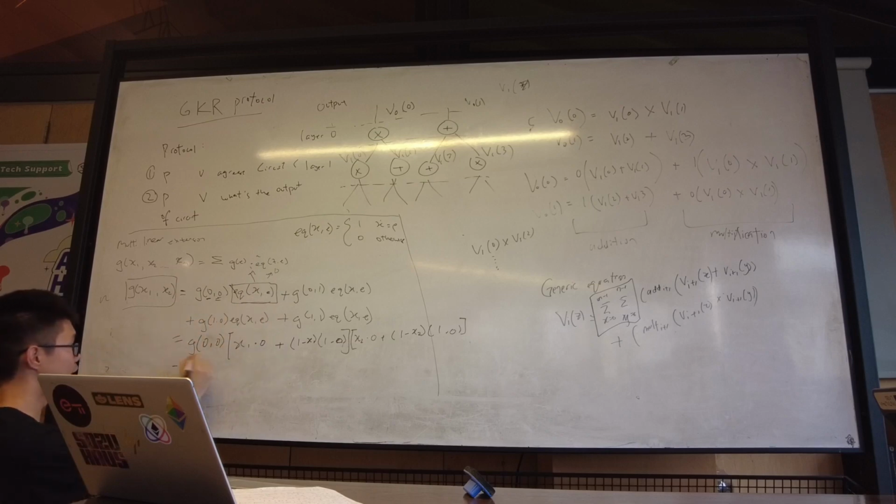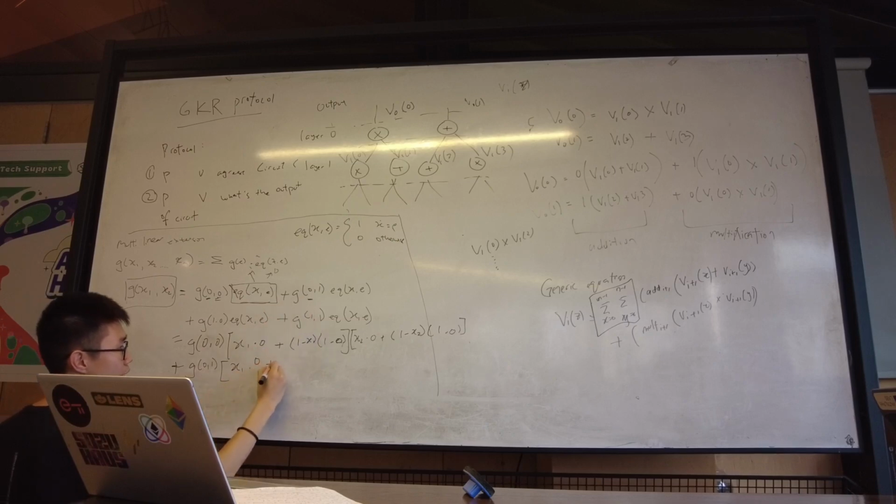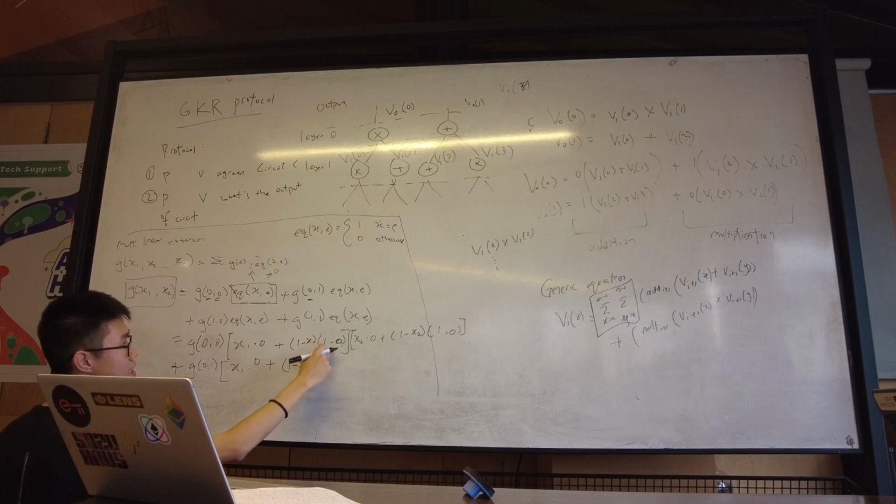And then we'll add G01. In this case, x1 times e1, where e1 is still 0, plus 1 minus x1 times 1 minus e1, so e1 is still 0.